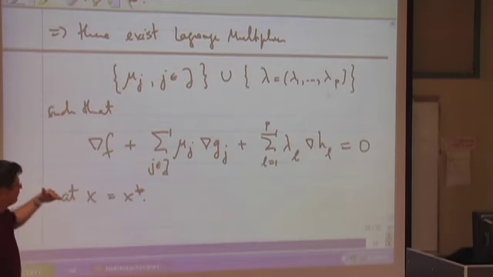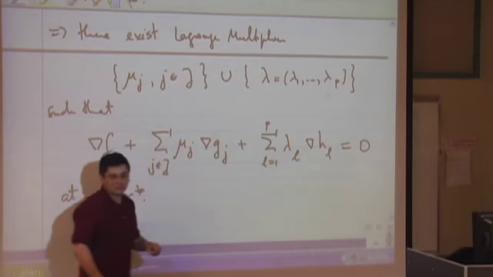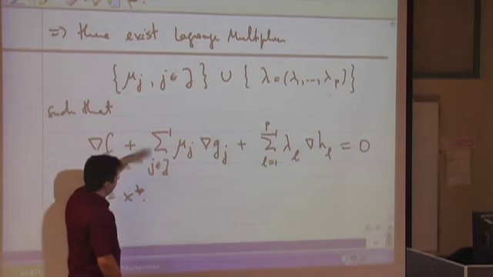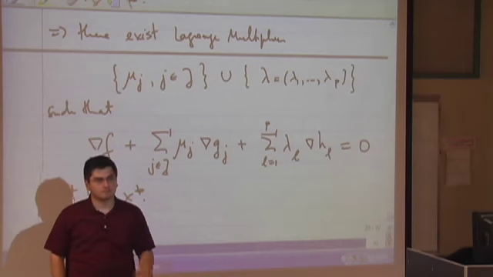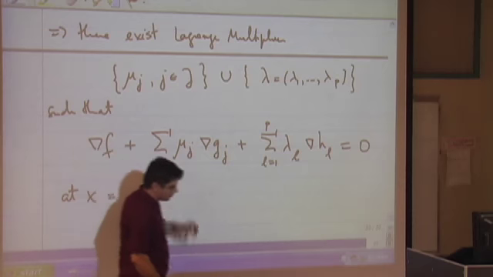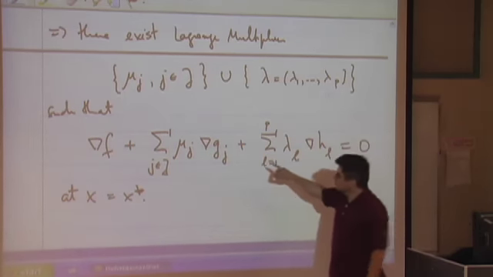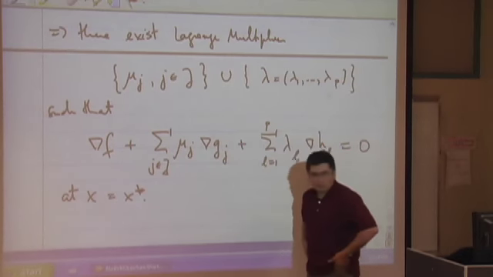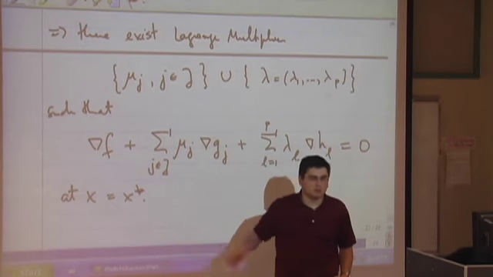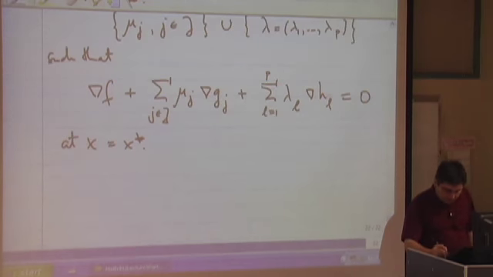In other words, the gradient of f is in the subspace generated by those gradients, or it's in the tangent space to the feasible set, if we only consider the equality constraints, right? So not all the other ones. But now the question is, since you don't know a priori what this subset might be, and what if it's empty, here's where these conditions come in.